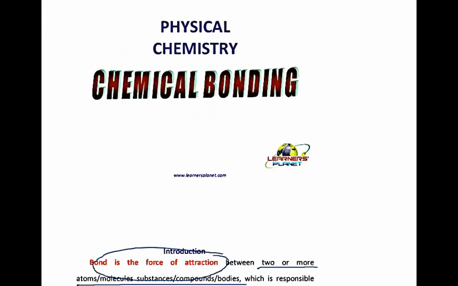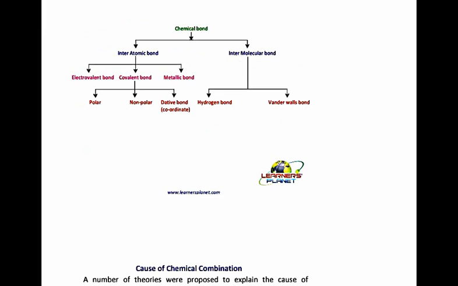Now if we move to the chapter, we will find that there is a differentiation of chemical bonds, or what kind of chemical bonds are there. Chemical bonds can be further subdivided into an interatomic bond and an intermolecular bond.